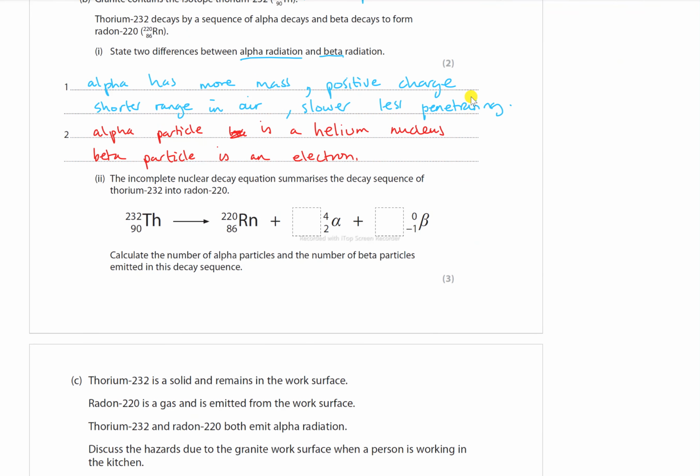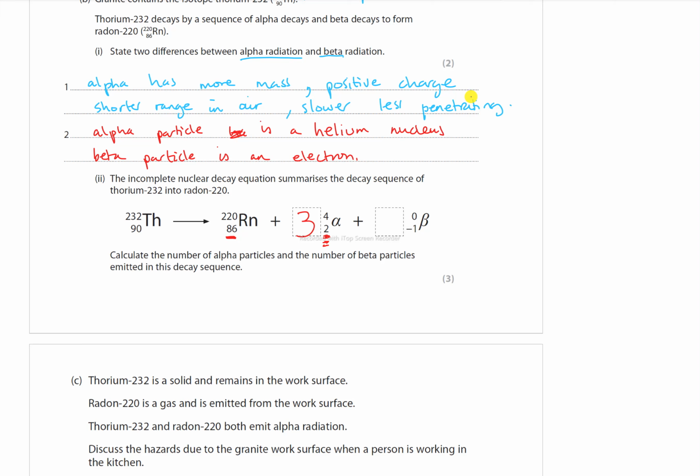So we know an alpha particle is... so we've got 86, 87, 88, 89, 90. So we need two of these. No, we need three of these because everything has to balance up.